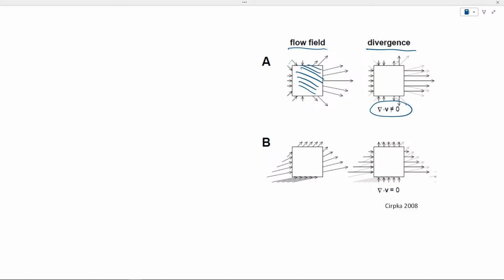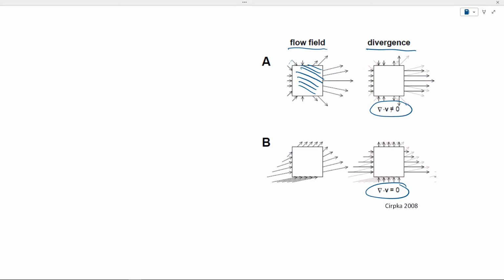Versus this one here, which is my flow field. What is entering here and what is exiting here is the same. So there are no sources or sinks here, and your divergence is equal to zero.